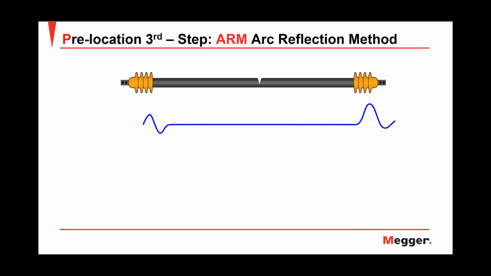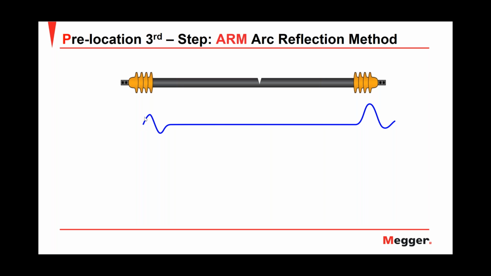And this is the reference trace. In the reference trace, I will have a change of impedance. The change of impedance coming from the test leads and the connection of the test leads and the cable under test.